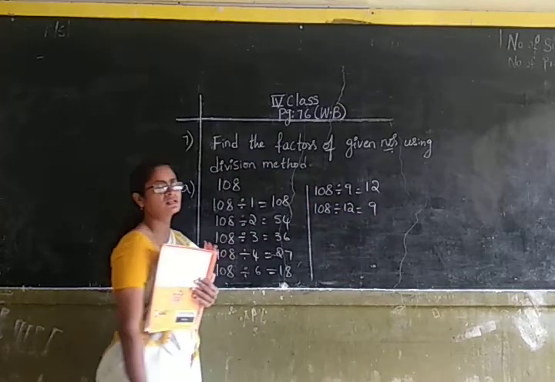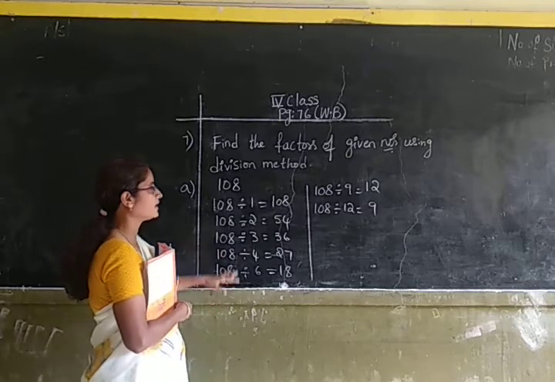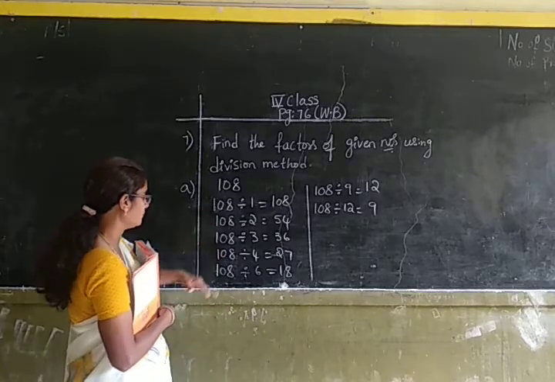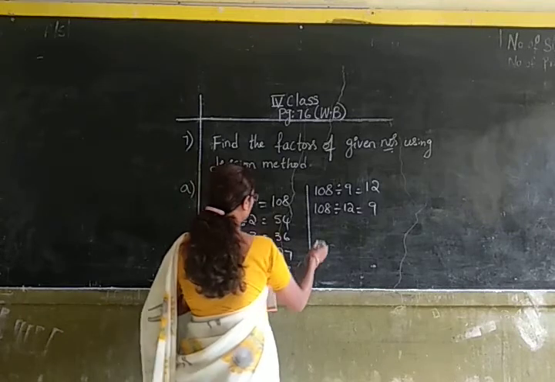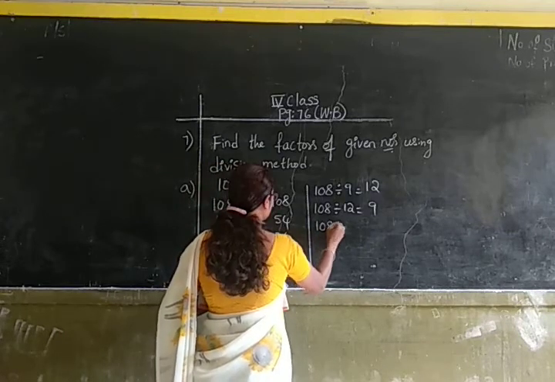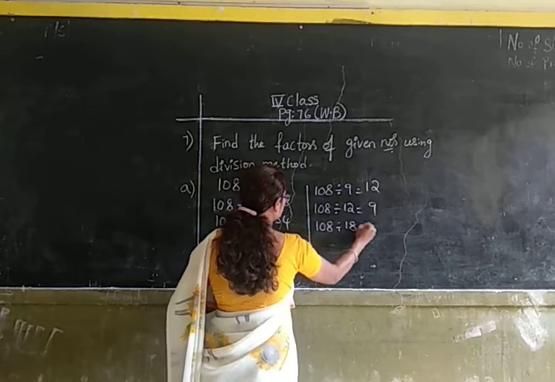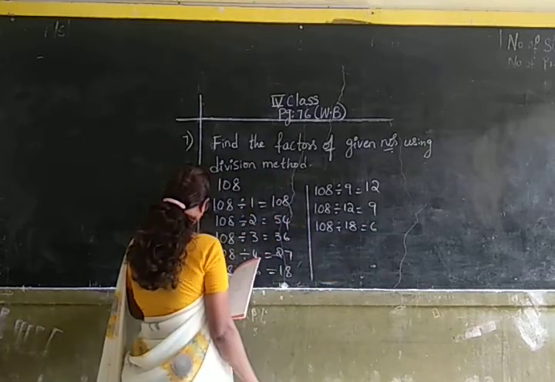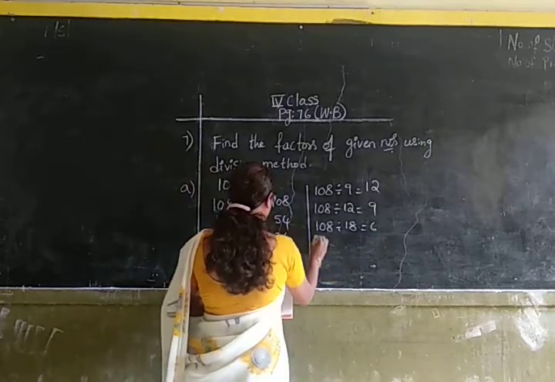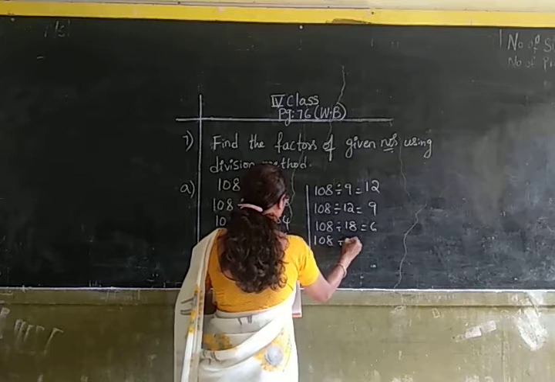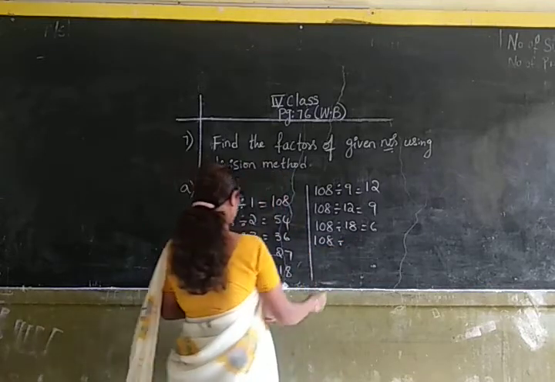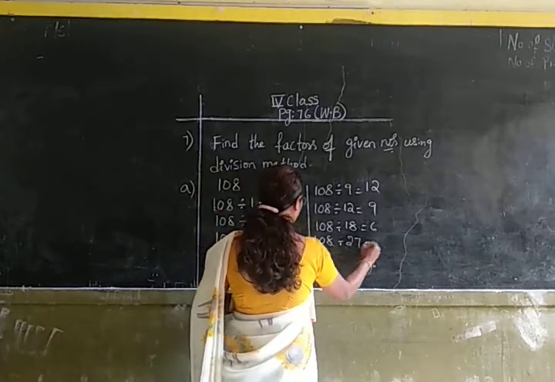Here the factors are reversed. So let us reverse all the factors which are above this number. Okay children. So 108 divided by 18 is equals to 6. 108 divided by 27 is equals to 4.